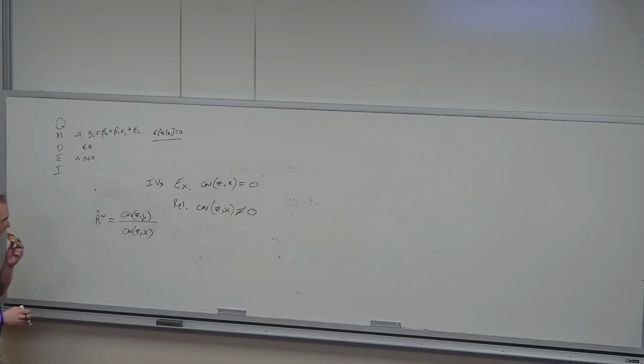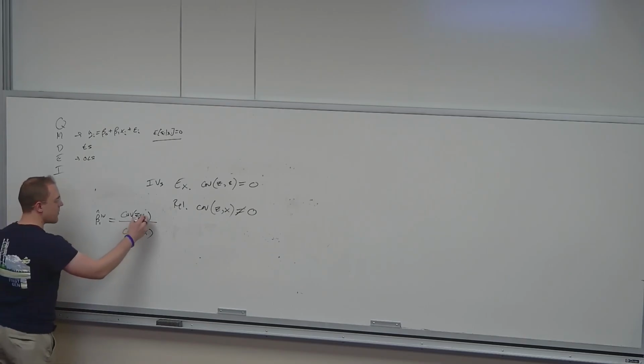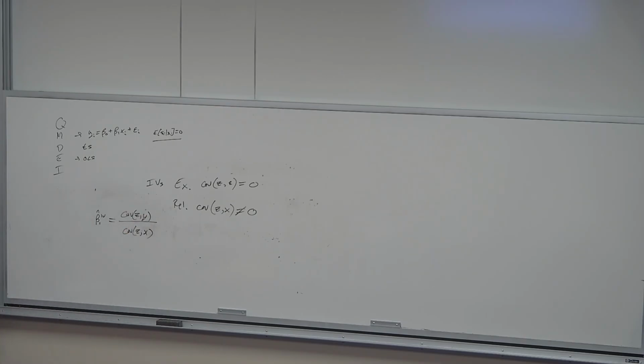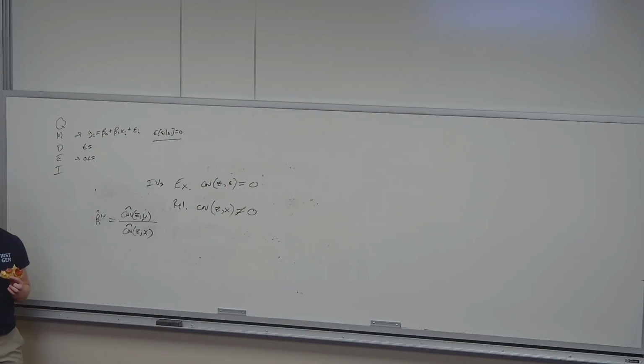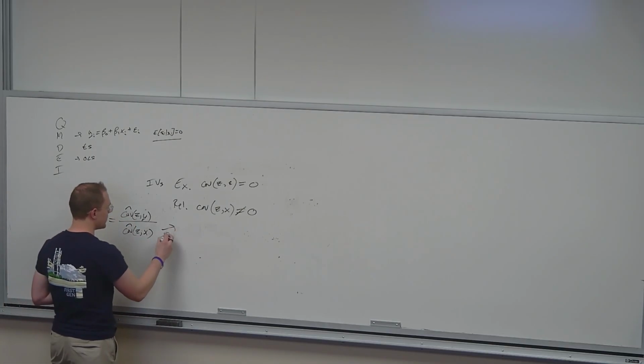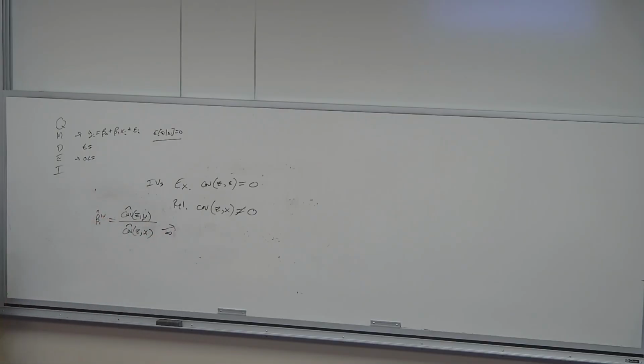Those are samples, and as you converge to infinity you get the actual covariance over the actual covariance. After you do that, you plug in for Y and you're going to get beta 1. And boom, you have proved it. You're going to use the assumption of exogeneity in there.